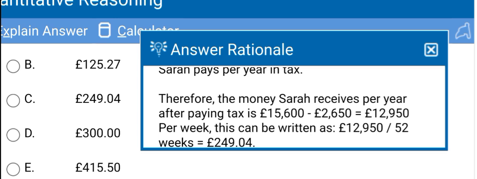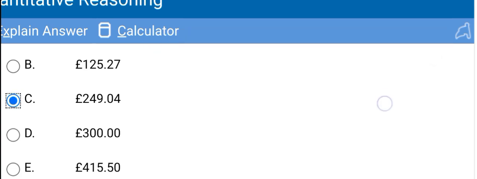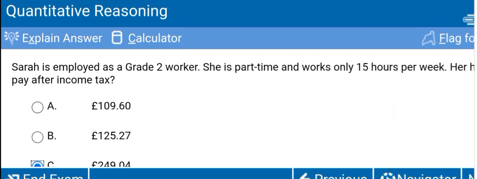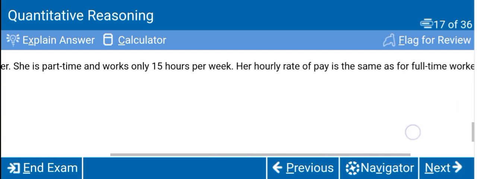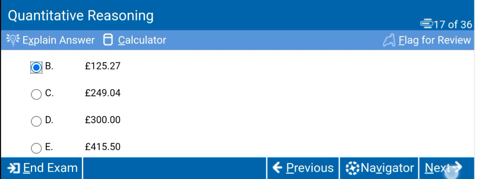This can be written as 12,950 pounds divided by 52 weeks equals 249.04 pounds. So here we have the correct response, option C, 249.04 pounds, is her weekly pay after income tax.